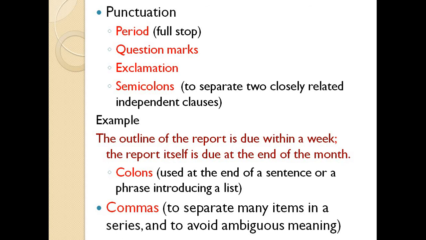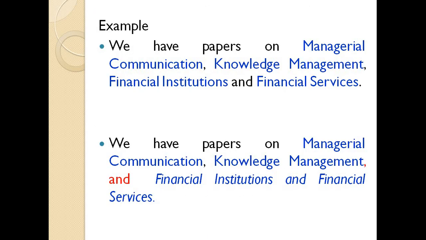We also use commas to separate many items in a series and to avoid ambiguous meaning. Let me share an example. If you look at the two sentences, although they look similar, there is a difference out there. In the first sentence, it looks like you have 4 papers: managerial communication, knowledge management, financial institutions, financial services.